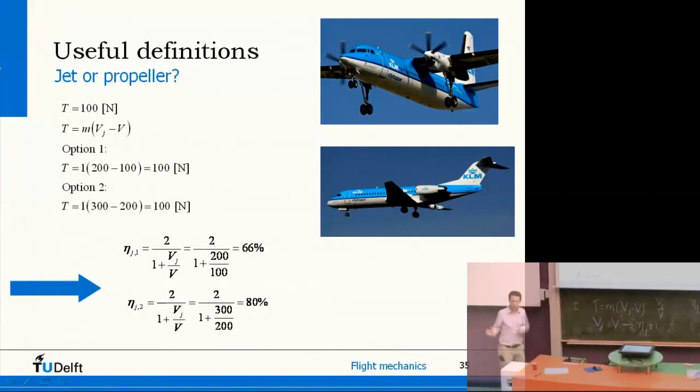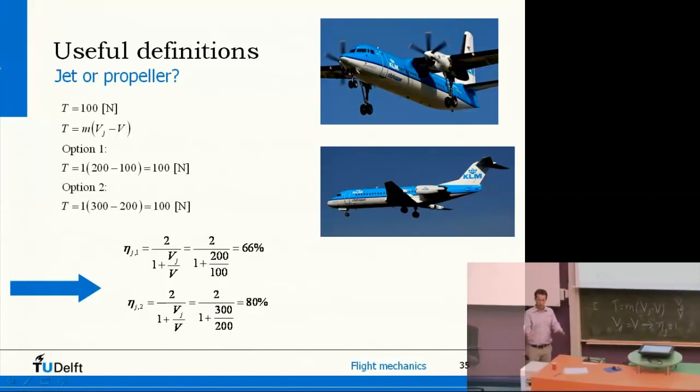You can take a large portion of air, give it this little push, or a small portion of air and a large push. Actually, if you fly fast, it makes sense to play with this acceleration. So if you fly fast, a thing like a jet engine becomes more efficient.